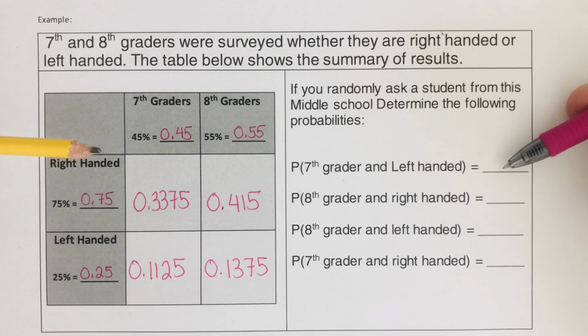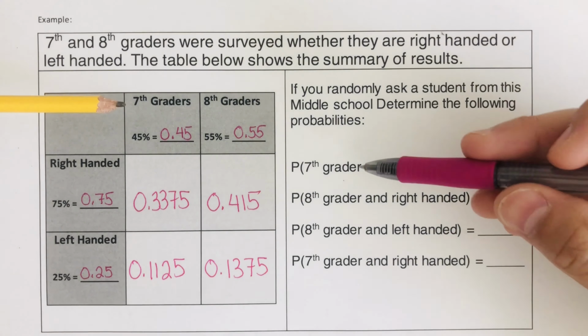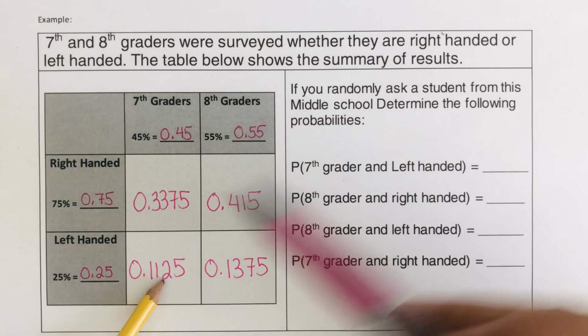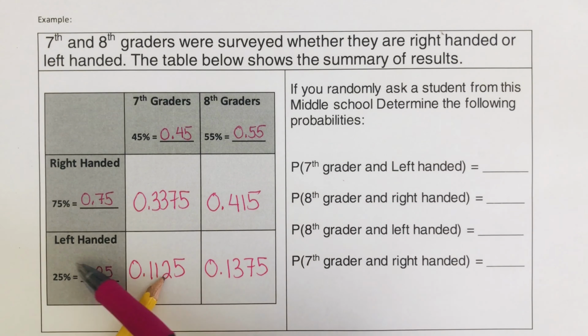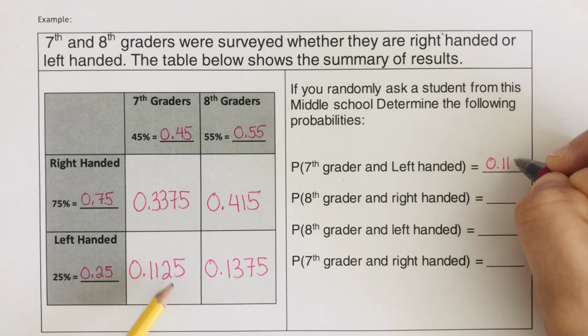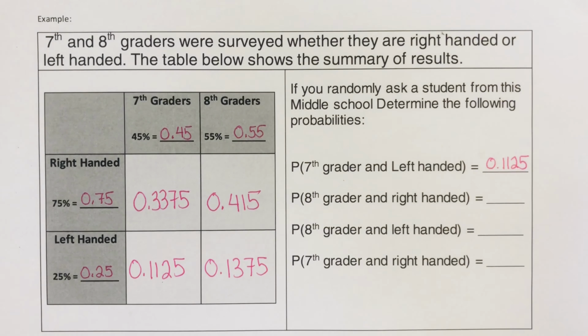So I'll fill the first one in. 7th grader and left-handed. So 7th grader and left-handed is this. 7th grader, left-handed. So that is 0.1125. Now in some problems, we may be asked to give a percentage.